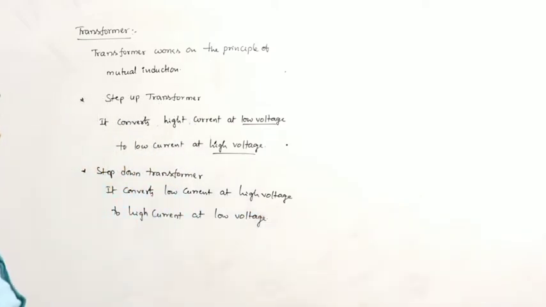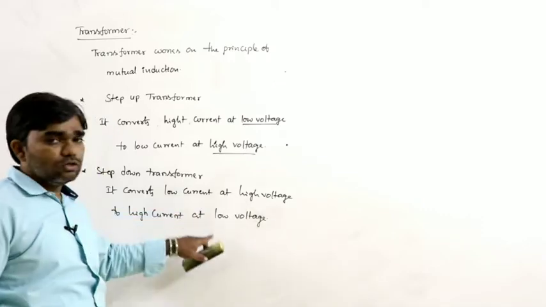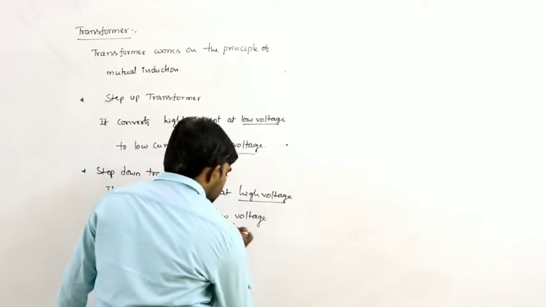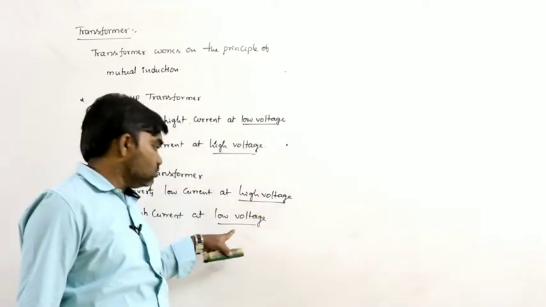So a step down transformer means it converts low current at high voltage to high current at low voltage. That means it converts high voltage to low voltage.